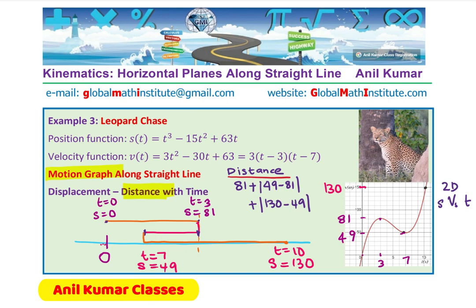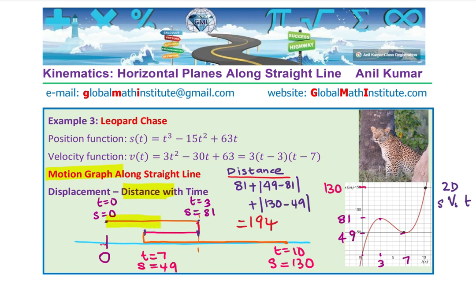So we have 81 plus, we have to add 81 minus 49. I'm doing these calculations with you so that you get the confidence that you can also do it, right? 130 minus 49. And what we get is 194. Do you see that? So we calculate the whole distance as the sum of all these, right?